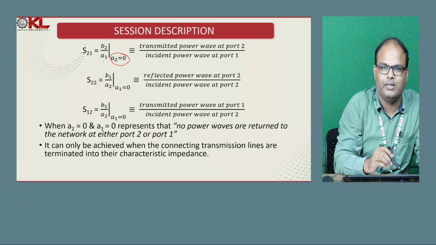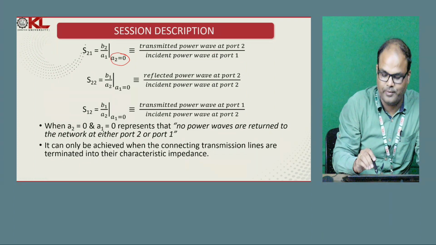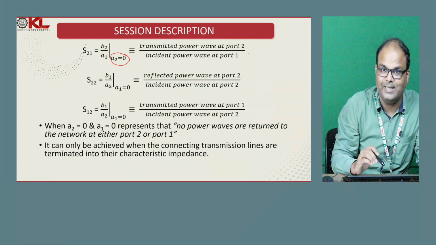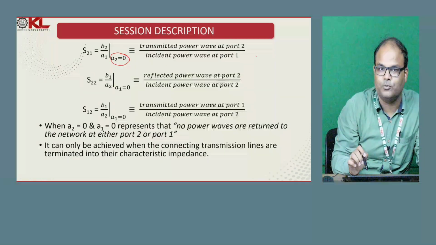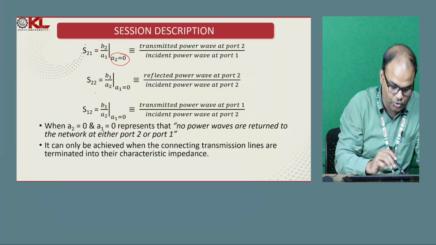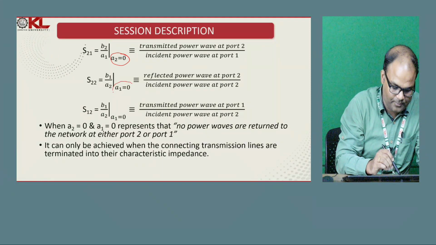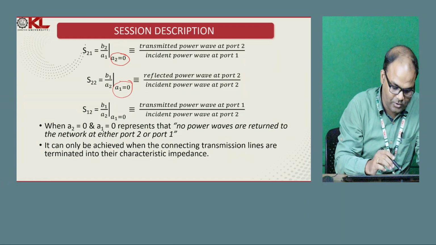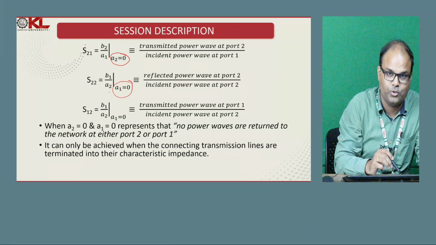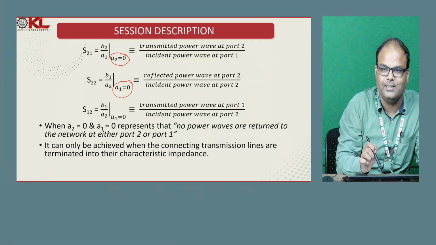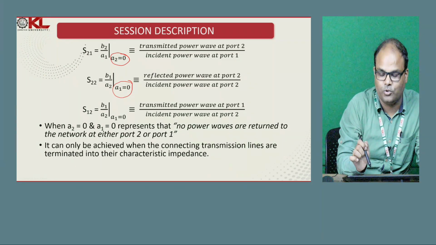B2 is the transmitted power wave at port 2 and A1 is the incident power wave at port 1. For S22, you have to take A1 equal to 0, then it is B2 by A2, the reflected power wave at port 2 by the incident power wave at port 2.